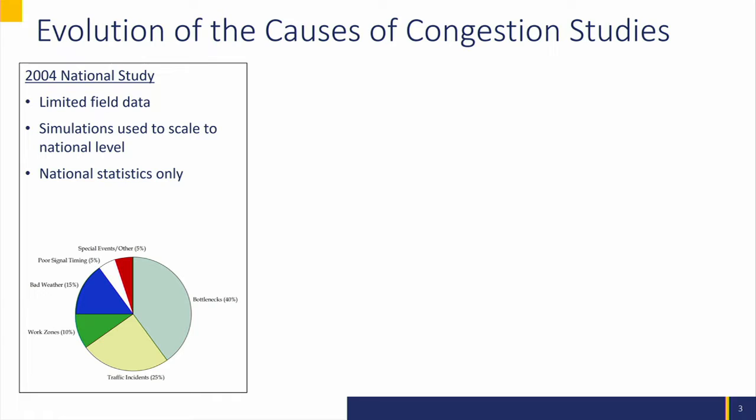That was back in 2004, before the era of probe data and smartphones for the most part, so they had limited data that they could use. They did some field studies and used simulation to scale that up to estimate what it looked like on the national level. And a graphic from their report was this pie chart that I copied over.